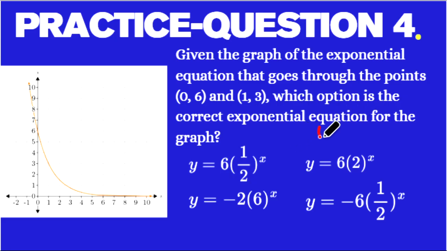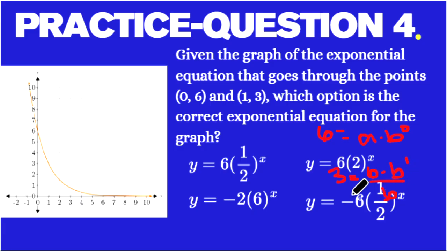Okay, our first point is going to be 6 equals a times b raised to the power of 0. So a is just 6. And then our next point is going to be 3 is equal to a, which is 6, times b, which is, we don't know, raised to the power of 1.